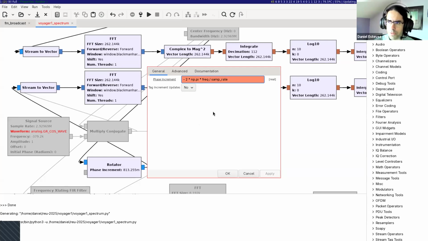So if we want to convert from hertz to radians per sample, the formula is, I have my frequency in hertz. Hertz is cycles per second. I need to convert from cycles to radians, and we know there are 2 pi radians in a cycle. So 2 pi times the frequency is the frequency in radians per second.